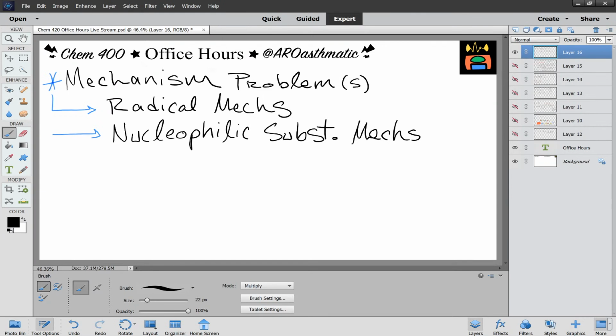we did a radical chlorination. So can you write the mechanism for a radical chlorination? Or we did some nucleophilic substitutions. Here's a weird problem: you're doing nucleophilic substitutions, you get this unexpected product. Can you draw the mechanism for it? That sort of thing.